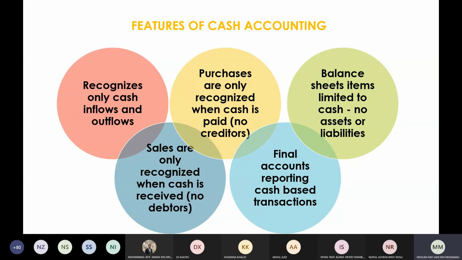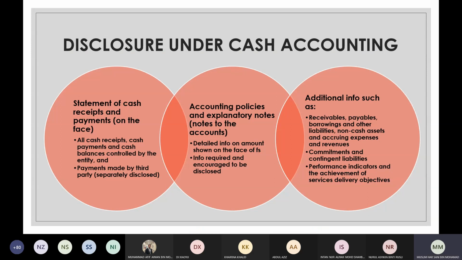Balance sheet items are limited to cash, with no assets or liabilities, and the equity item is also limited to cash. Sales are only recognized when cash is received. Financial account reporting is of cash-based transactions. And then disclosure, of course, with the financial statement, there are disclosures.